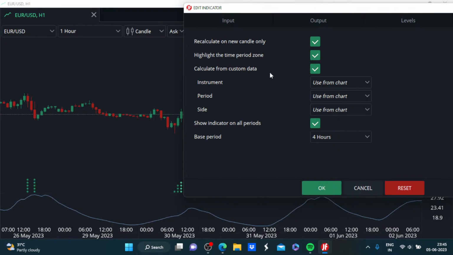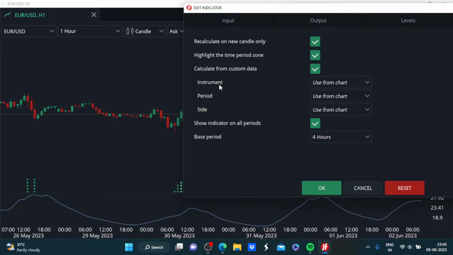Here some additional options are given, and you can have the three parameters defined differently from the chart. So you get to choose whether you want to use the instrument from the chart or a different one. Same thing applies for the grid and the spread side. You can use it as is from the chart, or you can specify, and accordingly that parameter will be fixed.